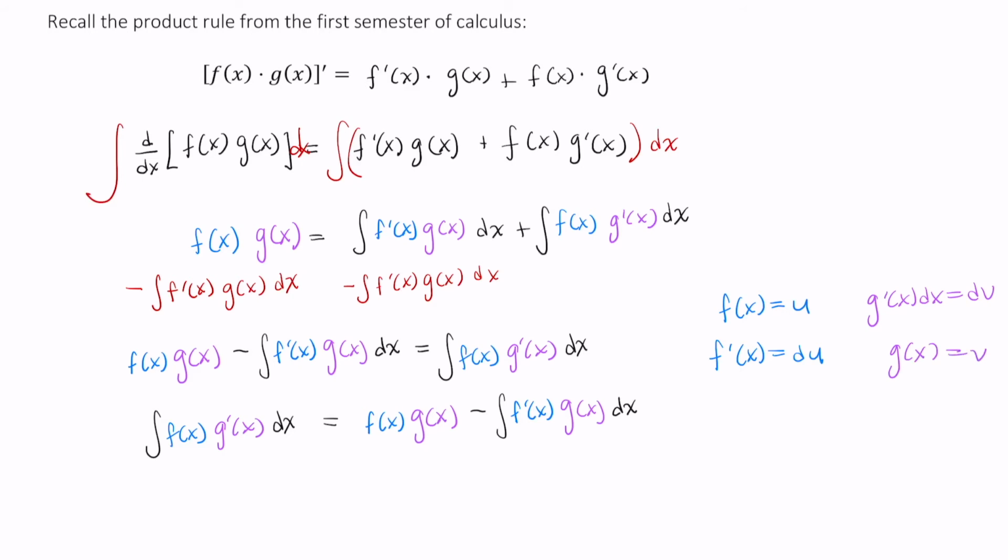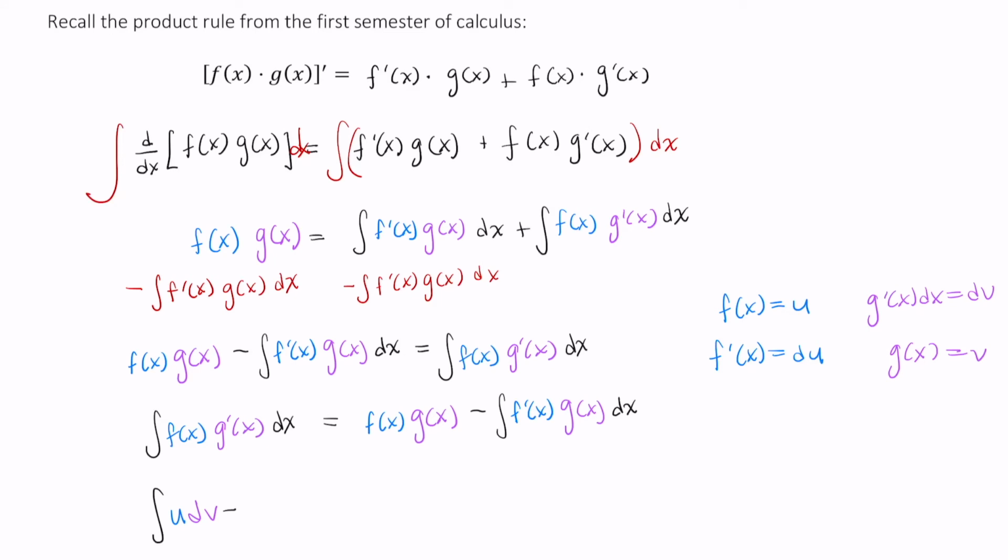So I'm going to rewrite this in terms of u and v. So now I know that I have the integral of u, since we said f is equal to u, times g prime of x dx here, which we said is equal to dv.